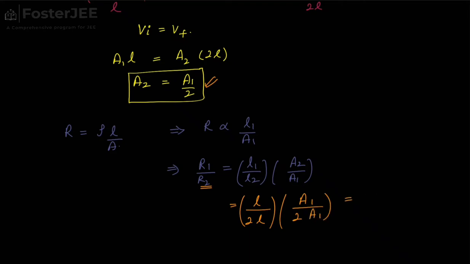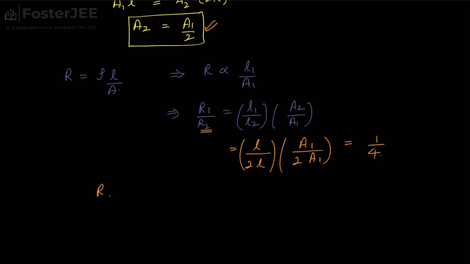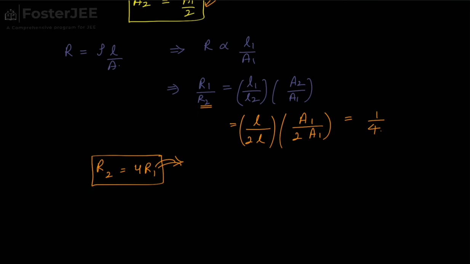So this becomes 1 upon 4, which confirms that R2 is equal to 4 times R1. So if R1 is 100, R2 becomes 400 ohms.